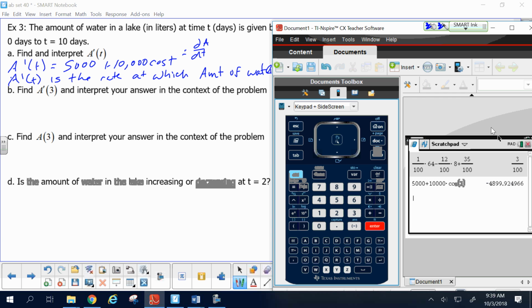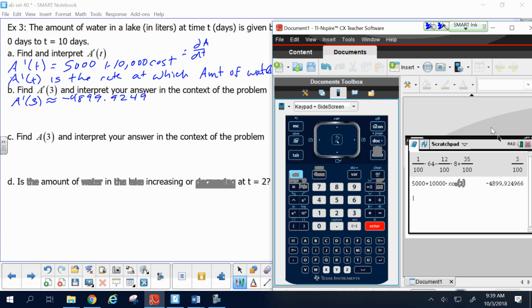Okay, so start by reporting your answer. A prime at 3, with 3 or more decimals, rounded or truncated, is negative 4,899.924 or 925. You can give me more than 3 decimals. Okay. All right. Now then, interpreting the answer.